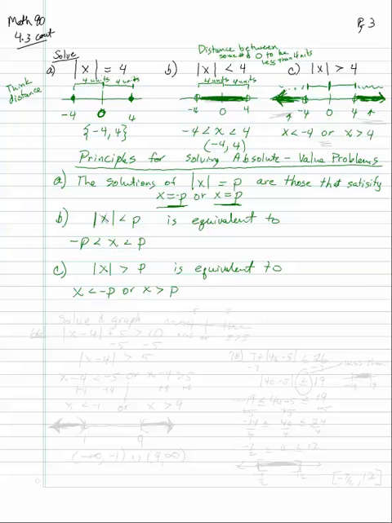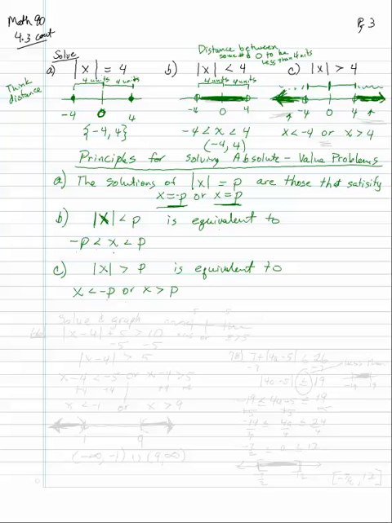If it's absolute value of x is less than p, that's equivalent to this statement: -p is less than x is less than p. And then case C is absolute value of x is greater than p, which is equivalent to this OR statement: x is less than -p or x is greater than p. So you just have to either memorize this or go back to the way I drew it up there and think about distance and where it's coming from.